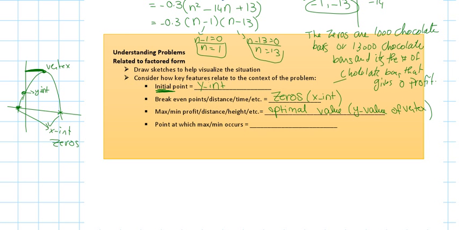And if they're asking you for the point at which the maximum or minimum occurs, because it's a point, that means I'm looking at the whole vertex.